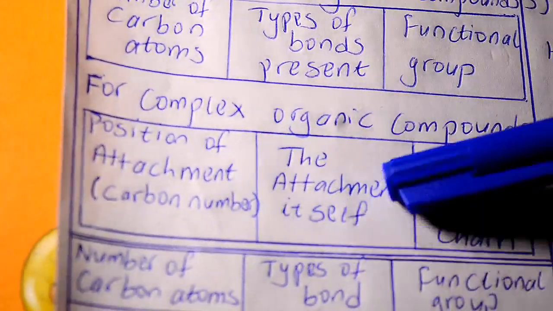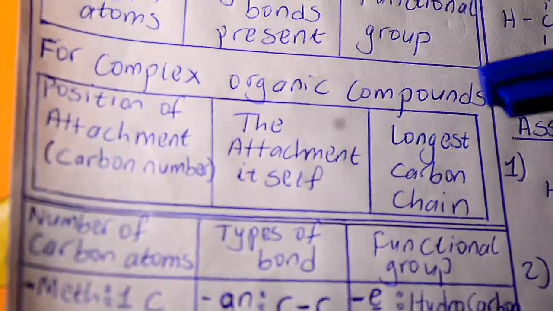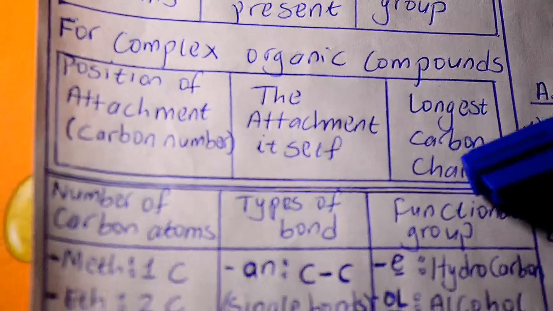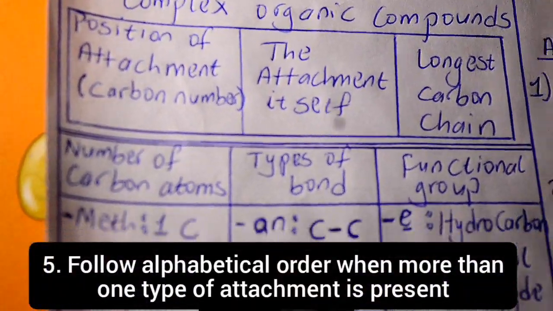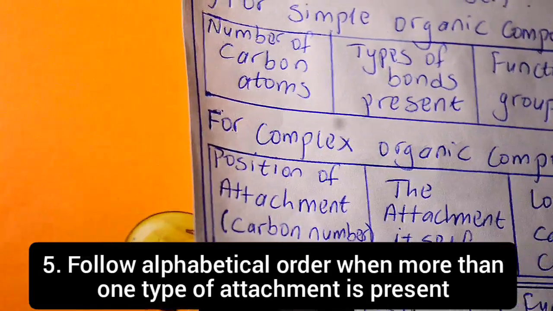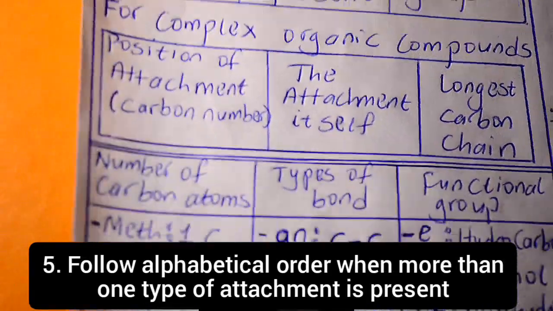The second part will be the attachment itself, and the third part will be the longest carbon chain. And the fifth rule is to follow alphabetical order when there are more than one type of attachment present.